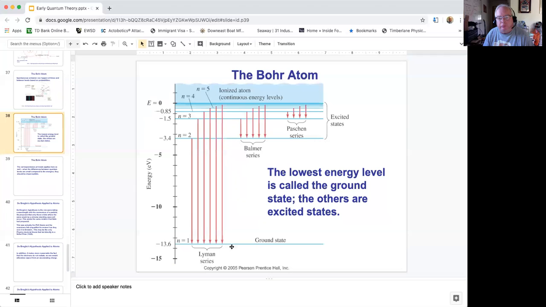Our visible light, right here, the Balmer series, are transitions from higher energy states down to n equals 2. And the ultraviolet components of the spectrum are transitions from higher excited energy states down to n equals 1, the ground state. And then transitions from higher energy states down to n equals 3 are infrared. They're smaller energy drops.